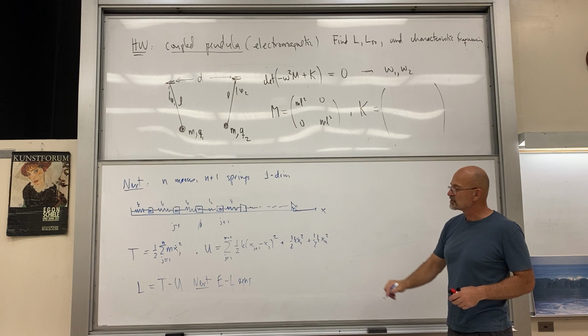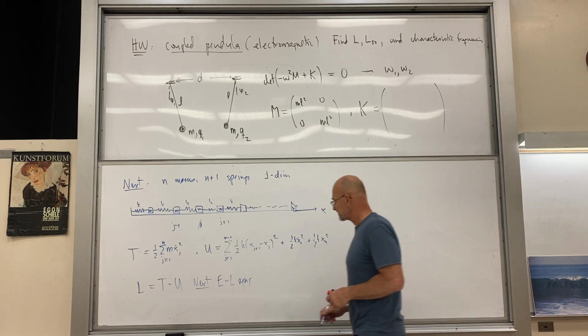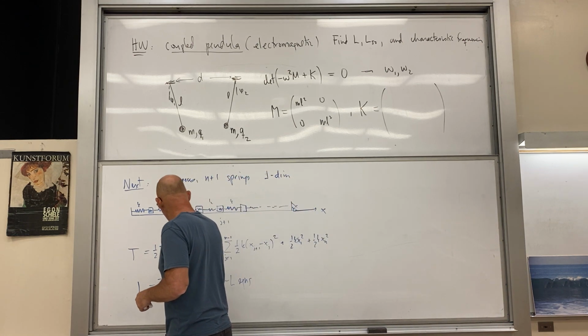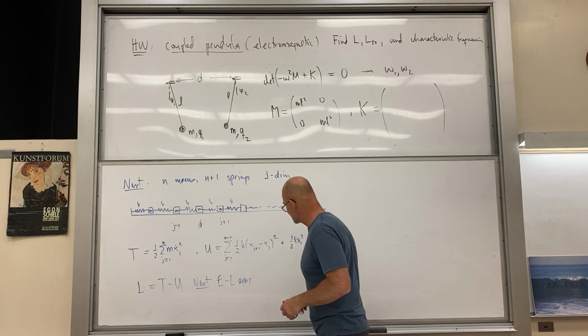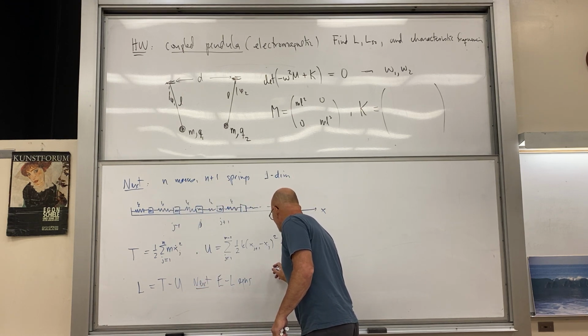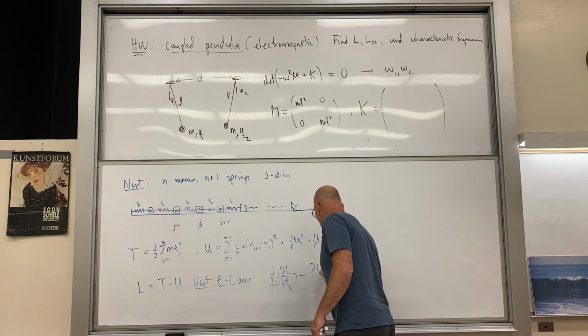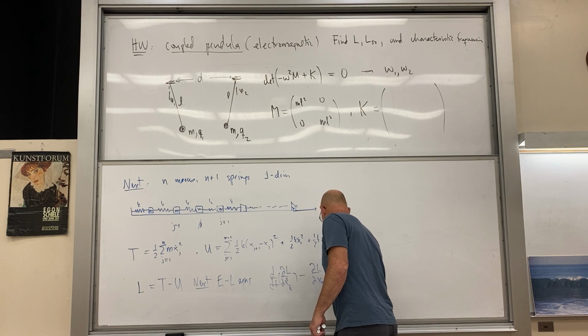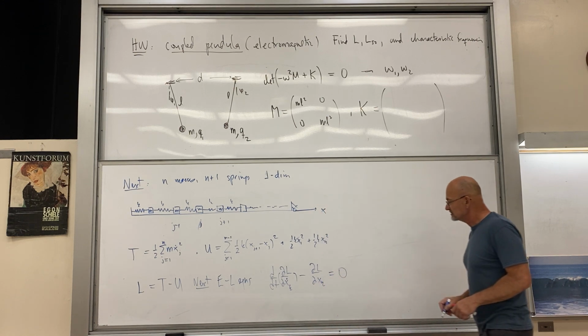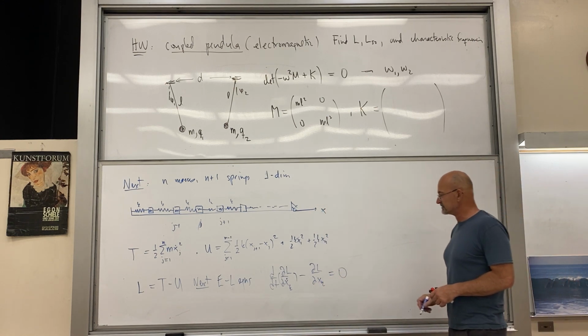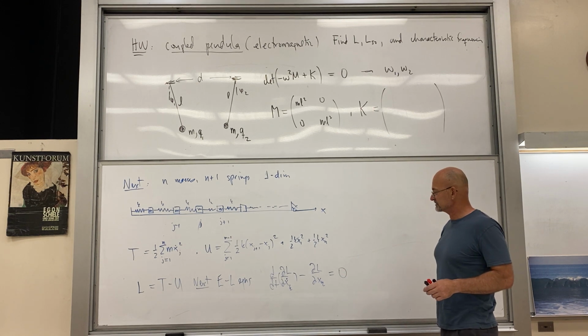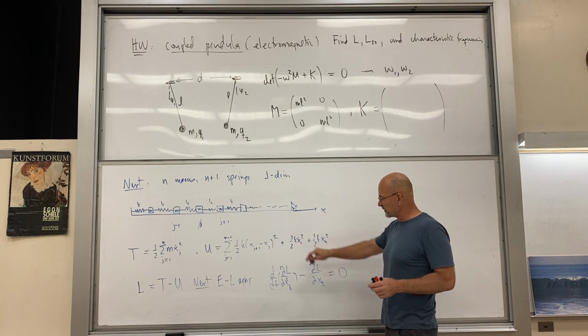So what are the Euler-Lagrange equations for this thing? So since our index is j in each of these cases, we have d dt dL d xk dot minus dL dxk is equal to 0. And there's a whole bunch of those. And like I said, the end ones we're not concerned with.